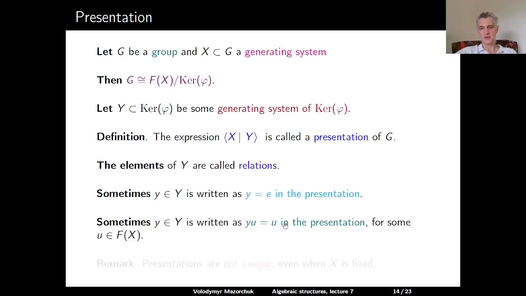To get back to your element, we should multiply with u inverse and get that this element y should be equal to the identity in the quotient F of X modulo kernel of phi. Please note that presentations are not unique in any shape or form, even if we fix the generating system X. Really, by definition, this Y can be any generating system in the kernel of phi.